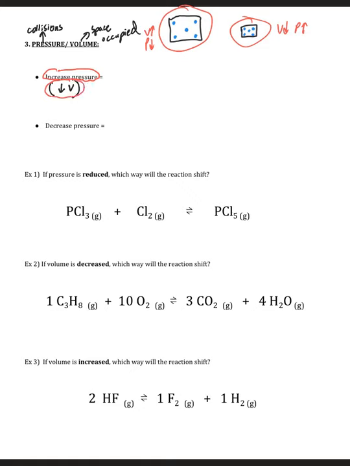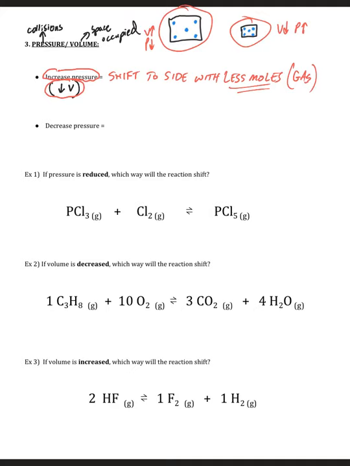So if pressure is increased or volume is decreased, it's going to shift to the side with less moles, and in particular, moles of gas. If it's a solid or liquid or aqueous substance, then pressure or volume will not affect that particular reaction at equilibrium. So it has to be moles of gas.